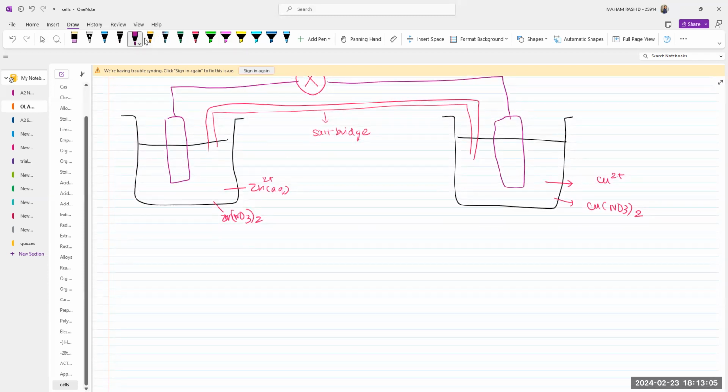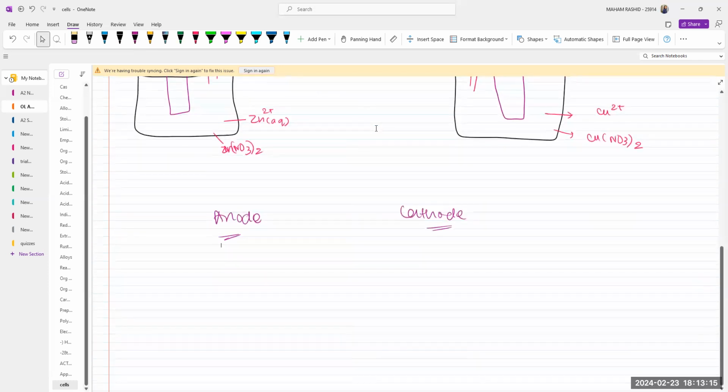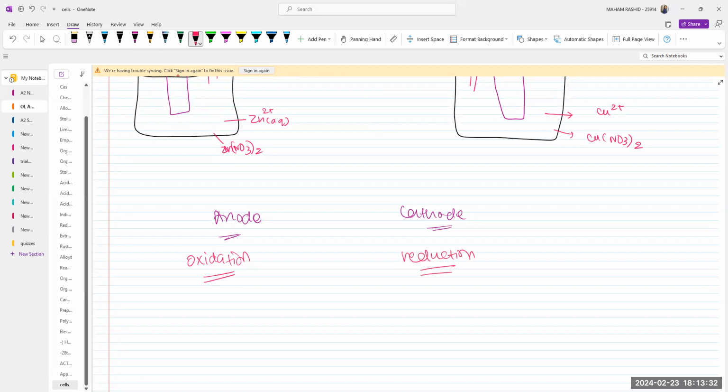In electrochemical cells as well, we have an anode and a cathode. The reaction that happens at anode and cathode remains the same for electrolytic as well as electrochemical cells, which is that oxidation always takes place at anode, while reduction always takes place at cathode.